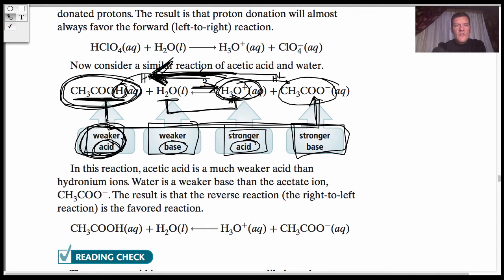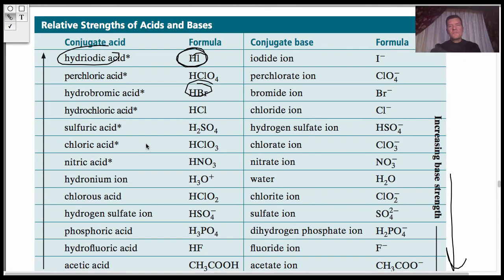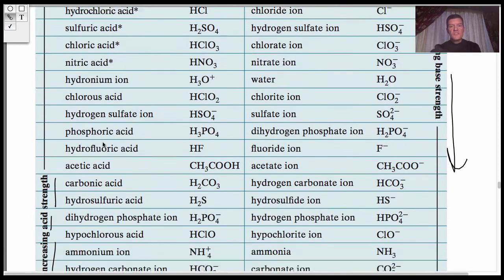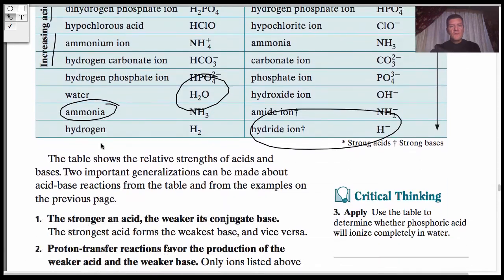Okay, so a weak acid turns into a base, and it's going to be stronger than the other base on the other side. So all you have to do is just refer to this chart and compare your acids, and then you'll know which one is stronger, and you'll know which direction is going to be favored, which direction is going to push with greater force.